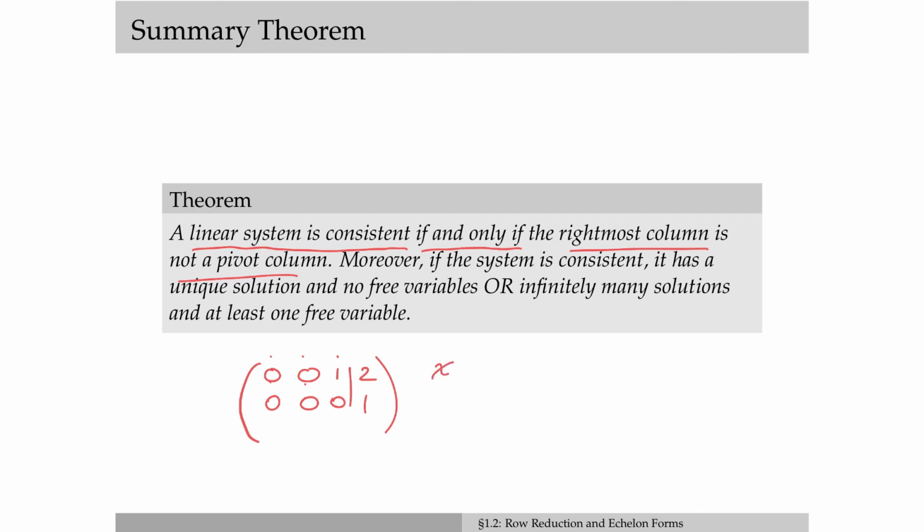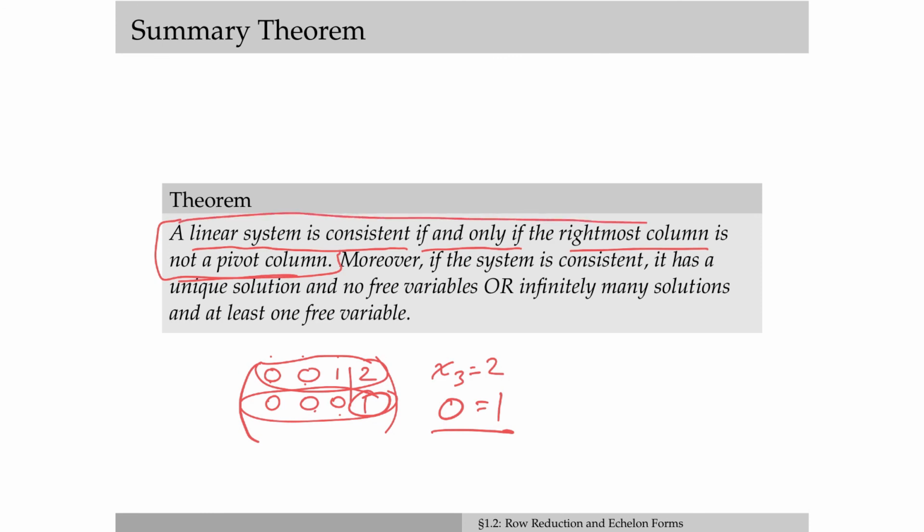This says then that x3 equals 2. That's what this row is really saying. And this last row is saying that 0x1 plus 0x2 plus 0x3, namely 0, equals 1. This pivot is showing us that we have 0 equals 1. And so that's why the rightmost column cannot be a pivot column in order for the system to be consistent. So this first part of the theorem is just common sense applied to our interpretation.